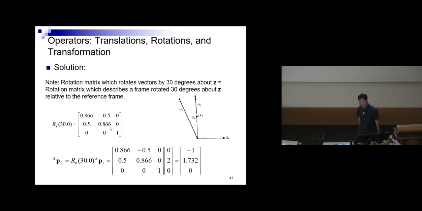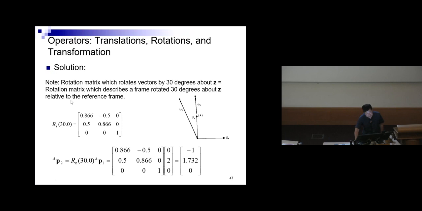This is essentially equal to the rotation matrix which describes a frame rotated 30 degrees about Z relative to the reference frame. They actually mean very much the same thing. So AP2 is equal to Rz 30 degrees multiplied by AP1.